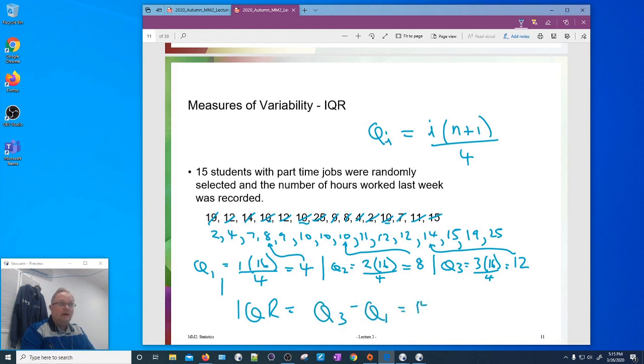So it's got the number at placeholder 12 minus the number at placeholder 4, which was 8, and so that's 6, and so we've got an IQR of 6. And what was our range? The upper number minus the smaller number, 25 minus 2, so we've got a range of 23.